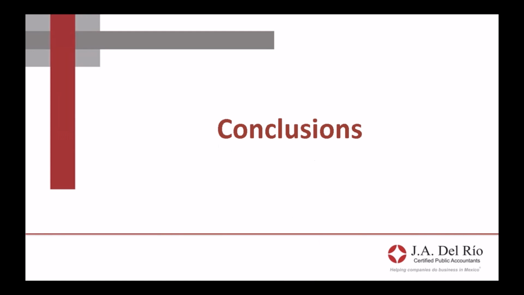So far we have reached the end of our presentation. From a general perspective, the idea of the government to implement this new electronic invoice is to avoid using paper and not use paper anymore. For that reason, during the past couple of years, the government has been moving to an electronic era.